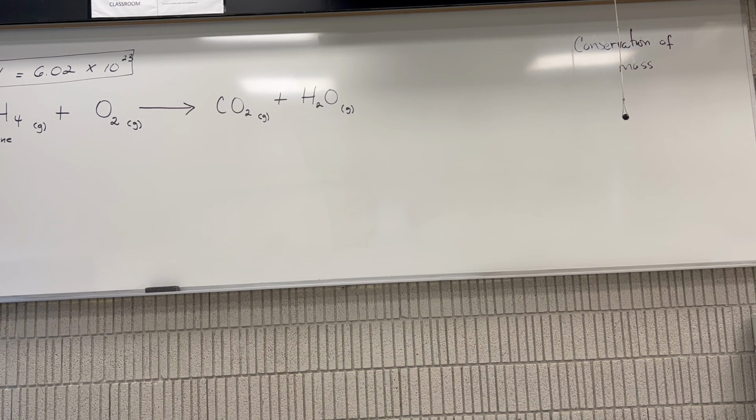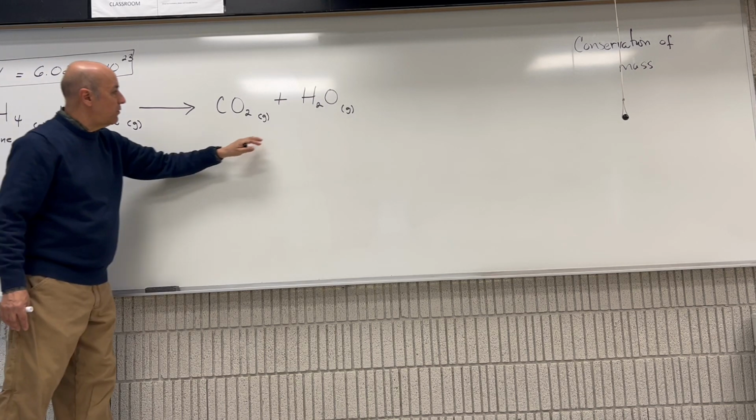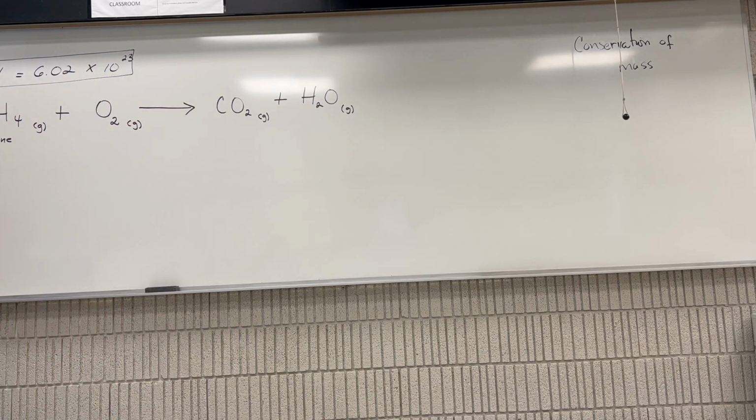So let's do a tally of carbon, hydrogen, and oxygen on both sides of the equation and see what we end up with. On this side, if we look at this first molecule, we have carbon, and we have only one carbon, right? There's an implied one there.